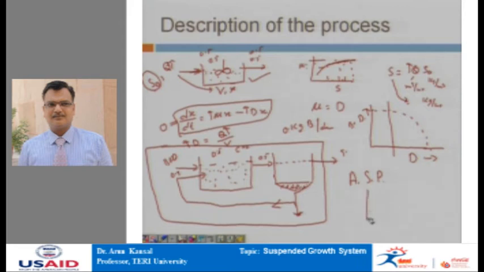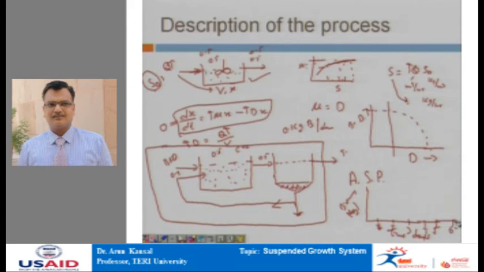So in case I plot a graph between time in days versus biomass in terms of kg, so on the day 1, 2, 3, 4, 5, 6 and so on.